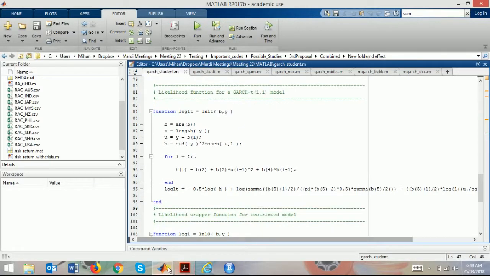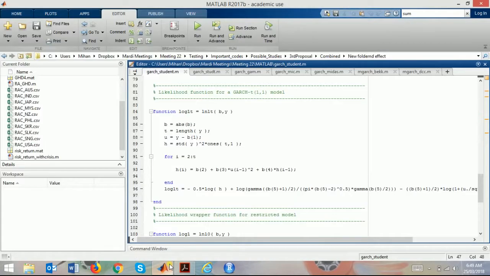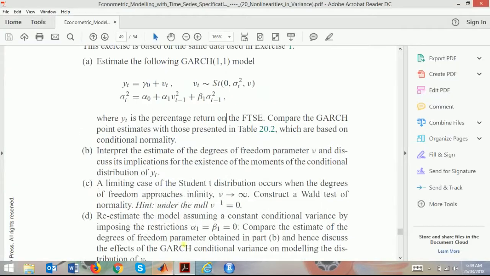And h is simply the standard deviation of y squared, which is first to store data, y squared multiplied by ones of zeros. So the constant variance that we have, we want it as a vector, so we are converting it into a vector.